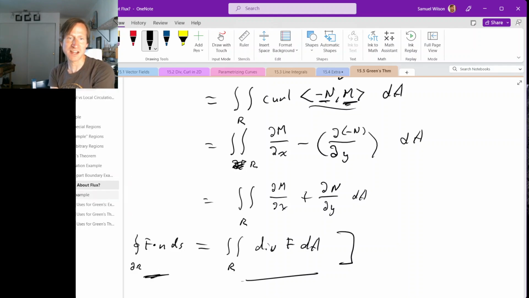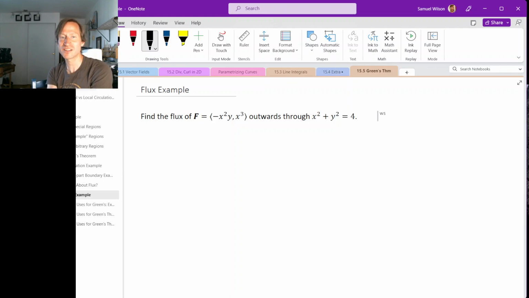All right, so just a quick example about this. Let's find the flux of this vector field outwards through this circle of radius 2. If we computed this using a line integral, again, we get a big messy pile of trig stuff. If we switch to a double integral, this circle is radius 2.